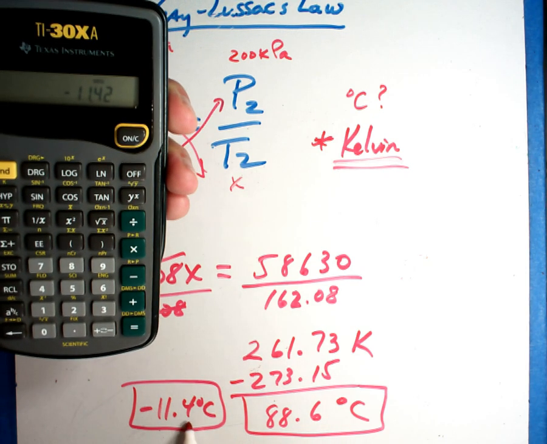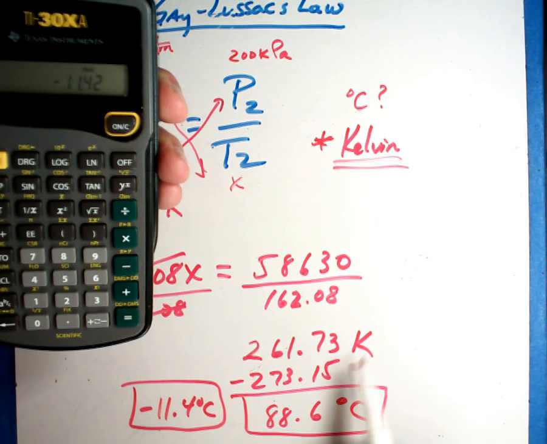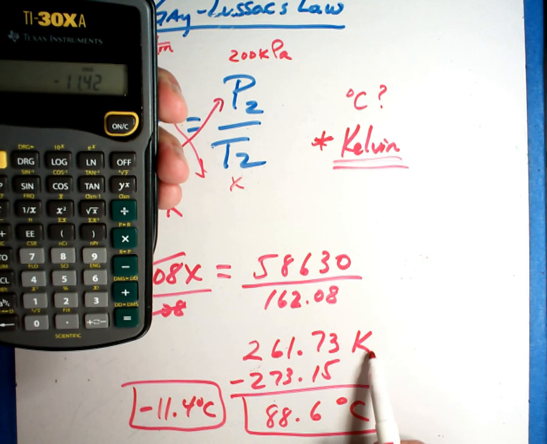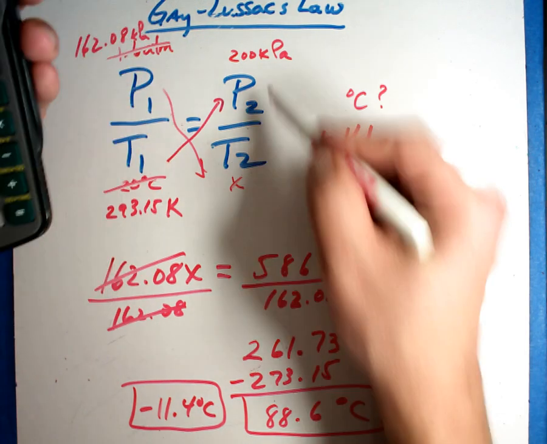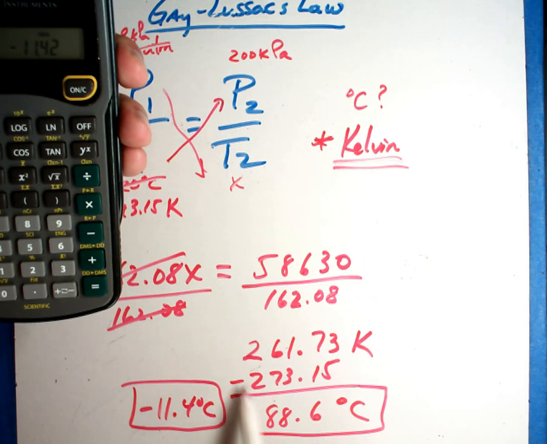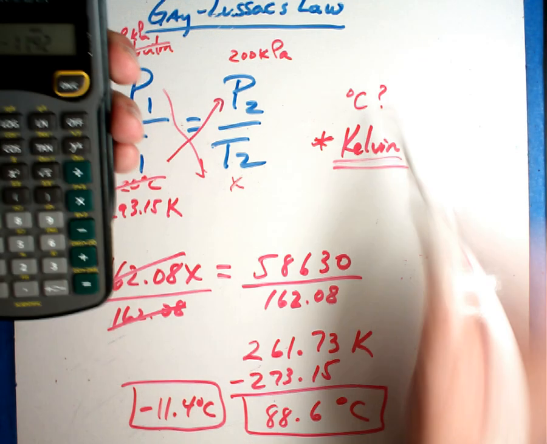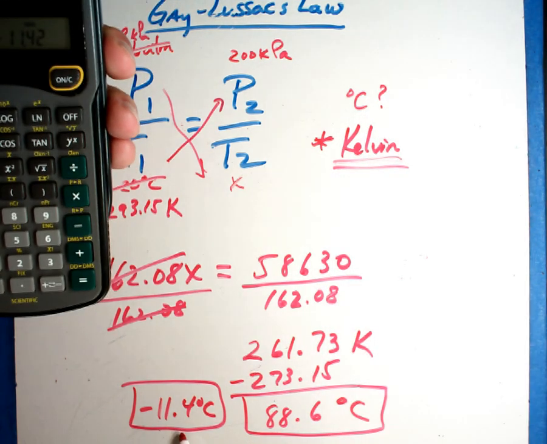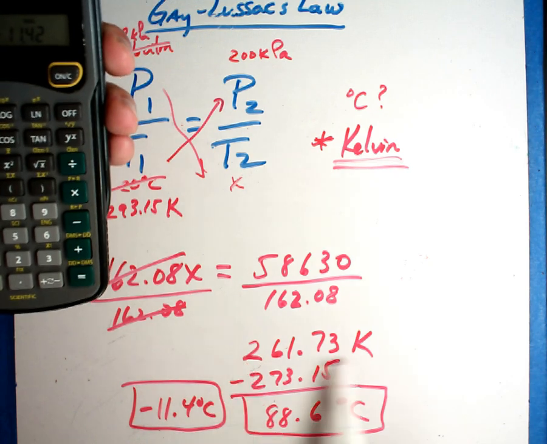Can you have negative Celsius? Absolutely, you can. What can't be negative is Kelvin. That's why we calculate in Kelvin. So there's no way we get negative pressures, negative temperatures, negative volumes. If you subtract 273.15 going back to a Celsius unit like you are here, and you get a negative Celsius, that is appropriate. You can have negative Celsius. You just can't have negative Kelvin.